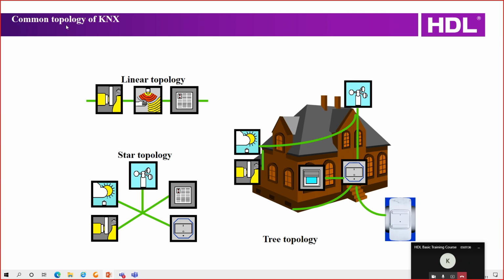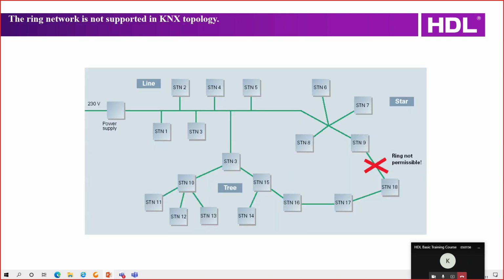So the common topology of KNX is that it can do linear topology, star topology, and tree topology. You can choose according to your needs. But please note that the ring network is not supported in the KNX topology.